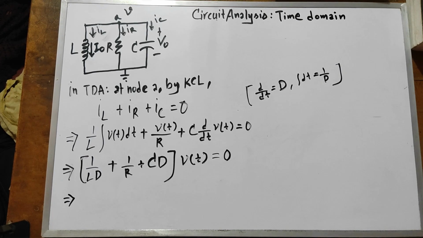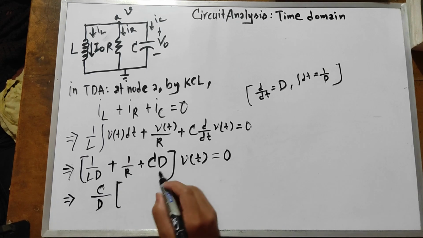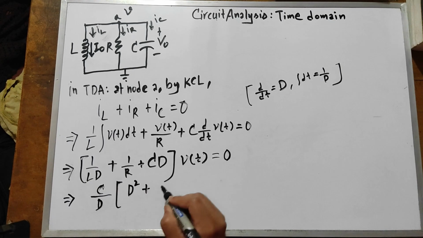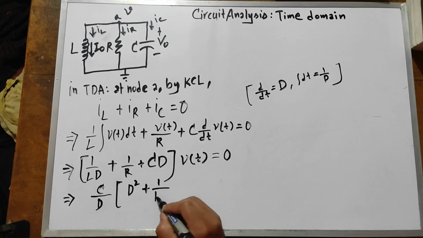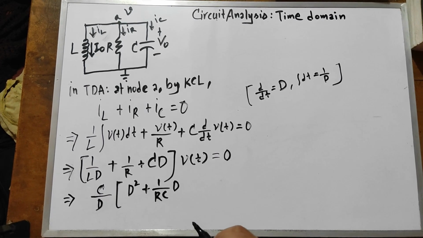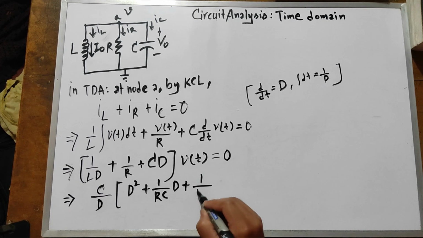Now what I'm gonna do is take common C by D. So this part will be D squared plus 1 by RC D plus 1 by LC.